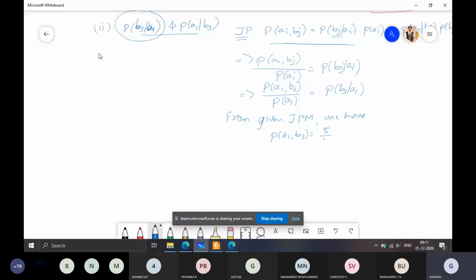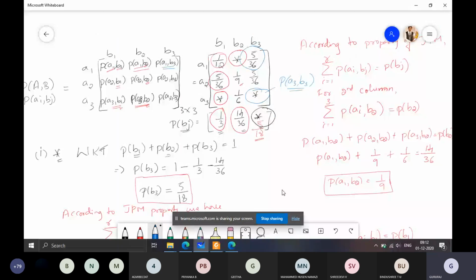So what about P of A1? Is it given? No. Then how will you find out P of A1? You have to go for the next property of the JPM. If you add the elements of the JPM row wise, you will get the probability of input symbols.